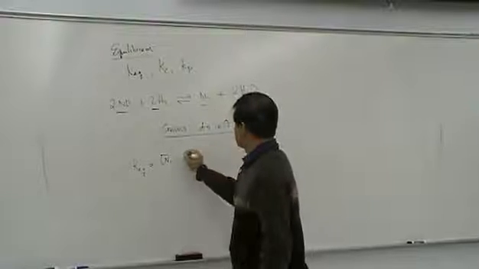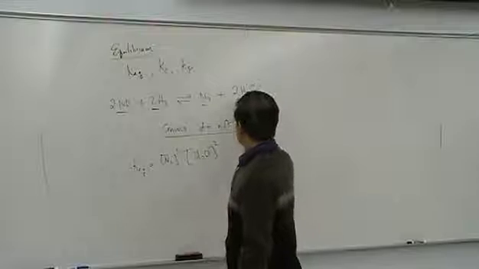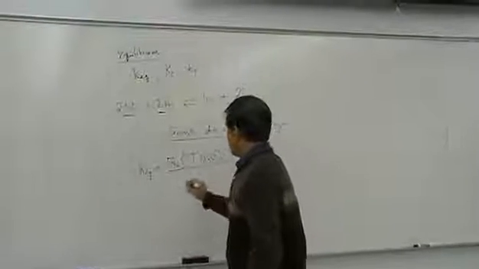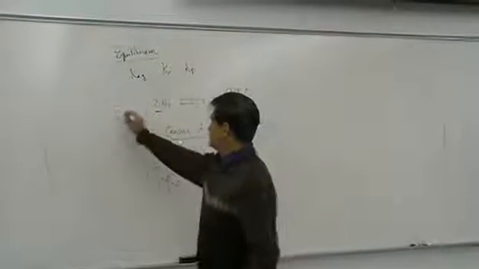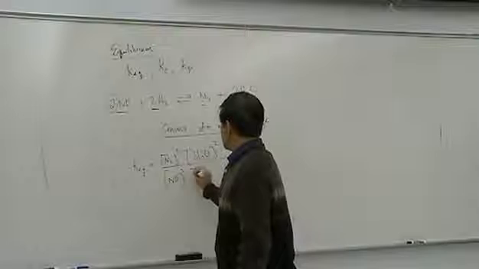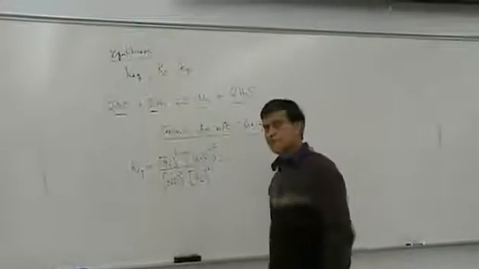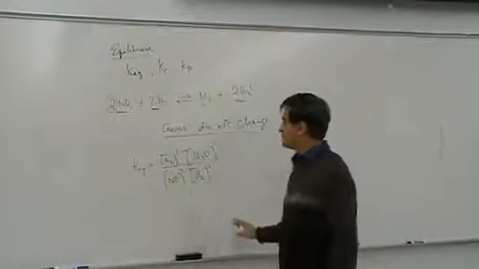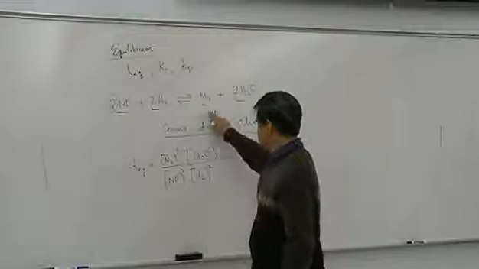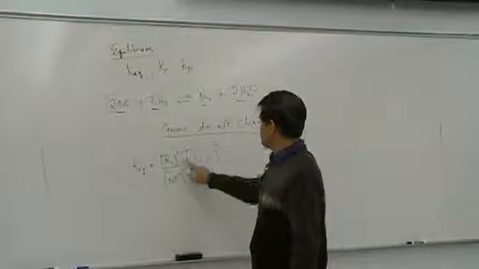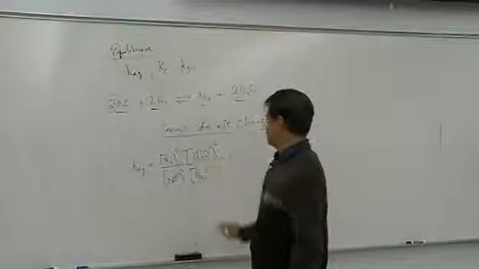N2 is raised to the power 1. H2O is raised to the power 2, that's the coefficient in the balanced reaction, divided by NO concentration raised to the power 2, again this is the coefficient, times hydrogen raised to the power 2. Coefficients of the balanced reaction. And this is called the equilibrium constant. So let me double check. Products on the top, reactants on the bottom: N2 raised to the power 1, H2O raised to the power 2, NO to the power 2, H2 to the power 2.